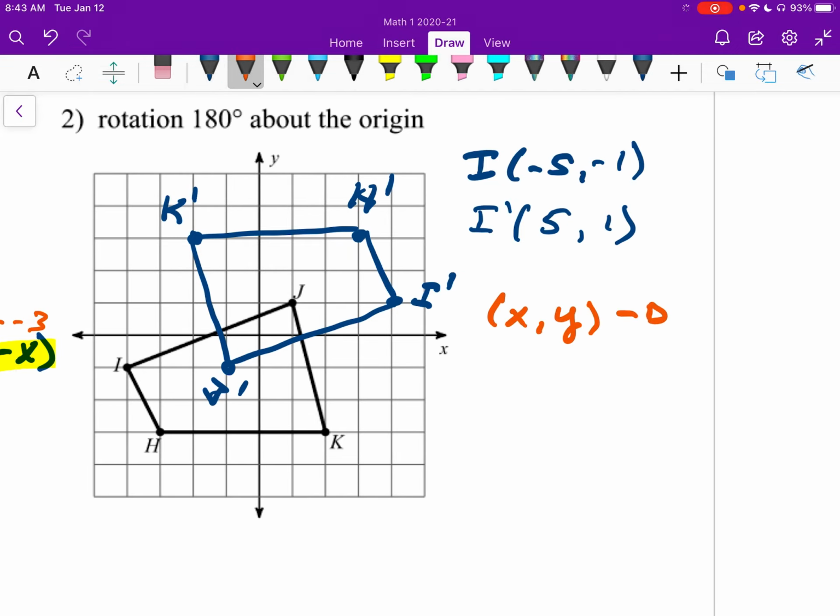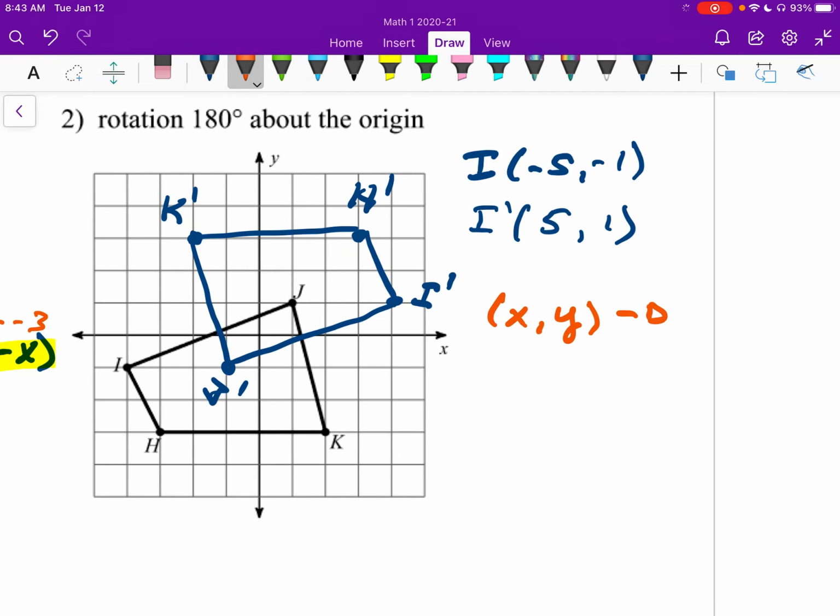And D prime. E, we can kind of see it rotate and it would go up here. F would be, well, down 4 and over 3, so it's going to be over 4 and up 3. So here's going to be F prime. And then C will be right here.